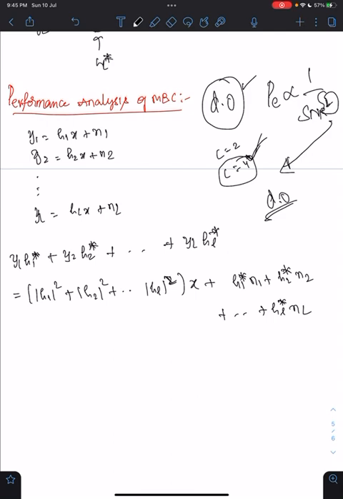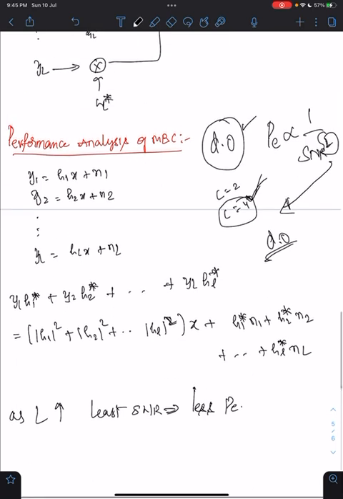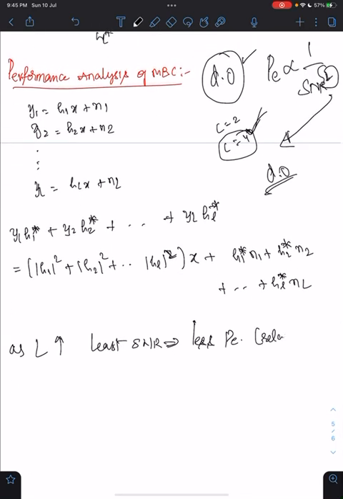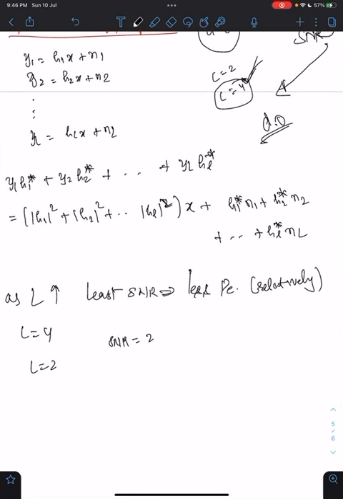Essentially, for the least SNR, as L is more, it gives rise to relatively less probability of error. I have to say relatively, otherwise this statement won't make sense. Say L equals 4 versus L equals 2, and SNR equals 2. I'm just playing with numbers, so don't try to make sense out of them; I'm just trying to make a point.